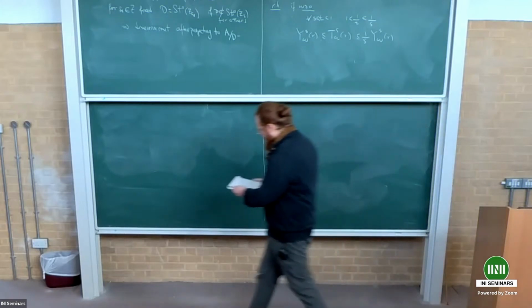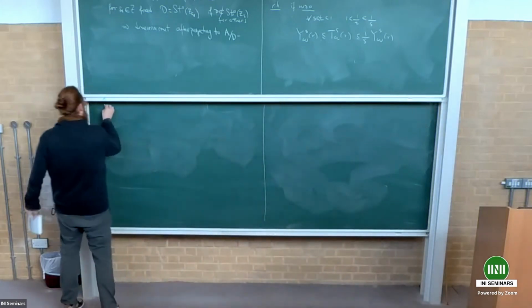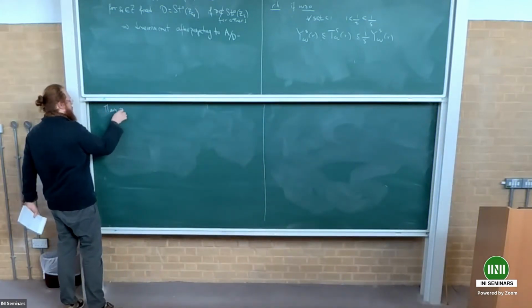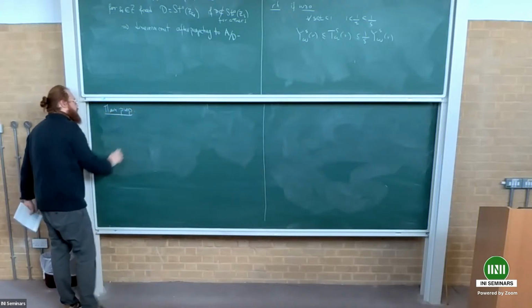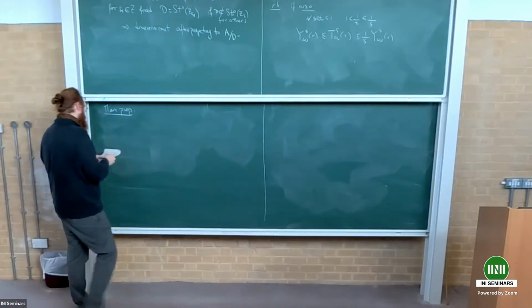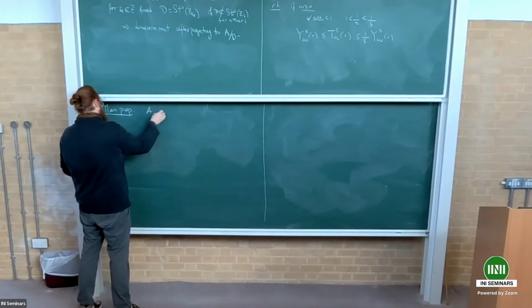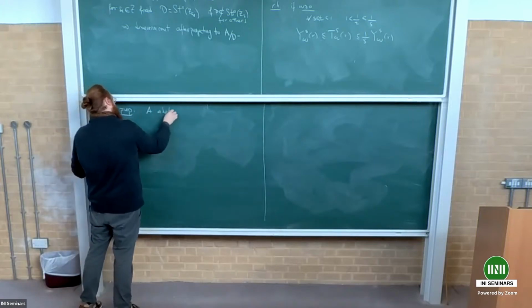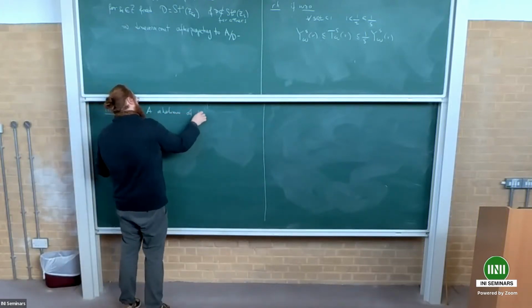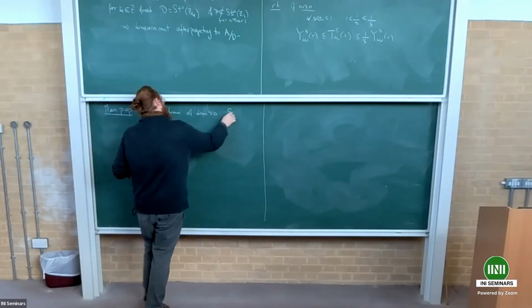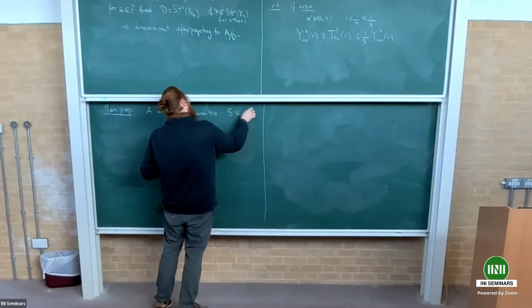And so the main proposition, which you somehow obtain by integrating the previous thing. Suppose that you have an abelian variety A of dimension bigger than 0, and S smooth projective.